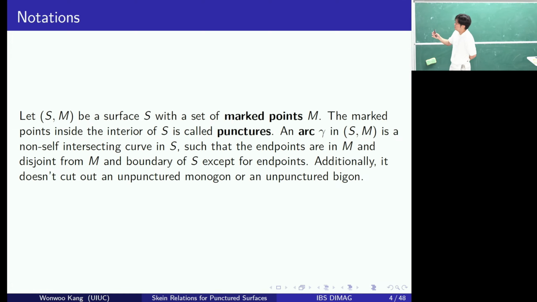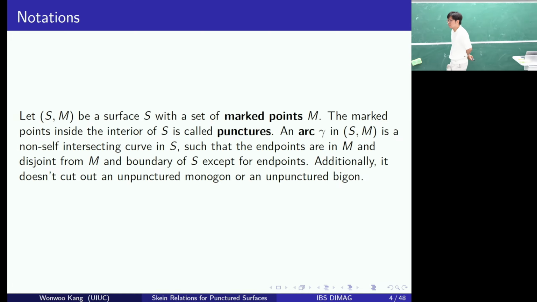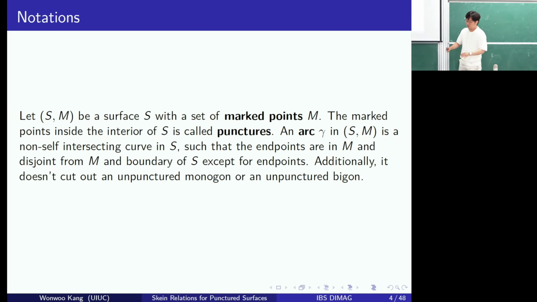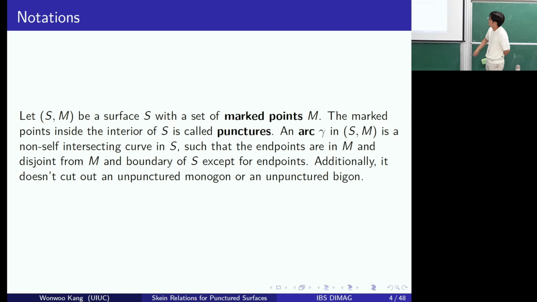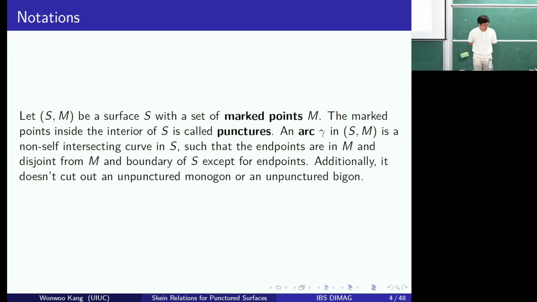If the marked points are in the interior, then we call it a puncture. An arc is basically a curve whose endpoints are on these marked points, but with a few rules: it shouldn't cut out those regions. There are some conditions, and of course there's a reason for it, which I will explain.